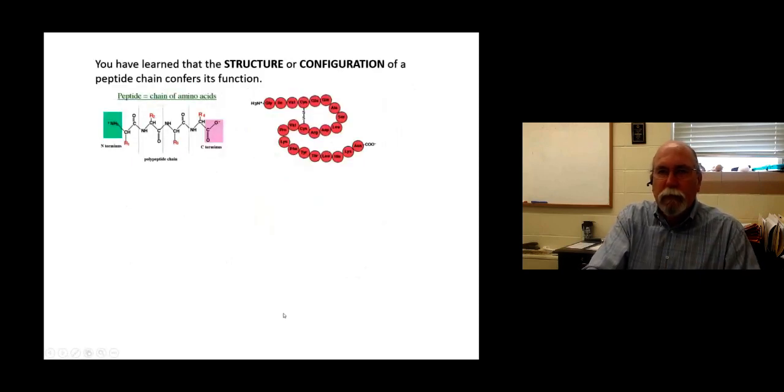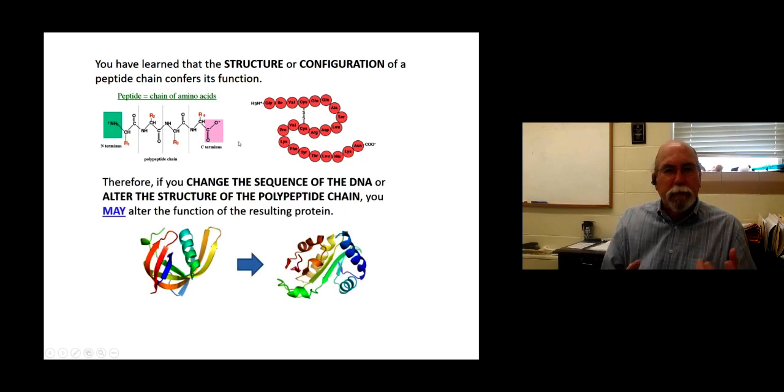Now, let's talk more about mutation in general. Just remember, we just talked about proteins and protein structure, that the amino acid sequence and the interconnections made between those are really what drive shape. So the structure builds shape, and shape is what makes a protein function. Well, guess what?